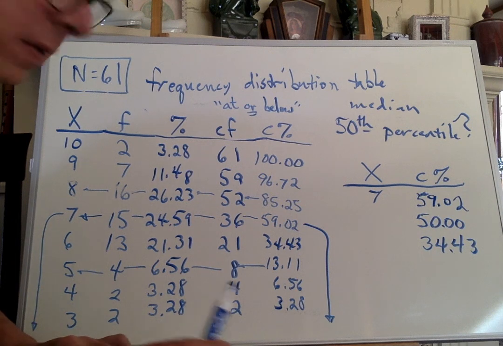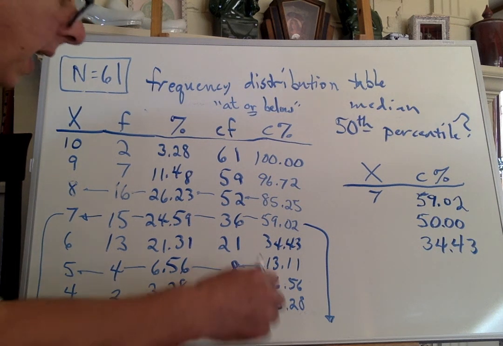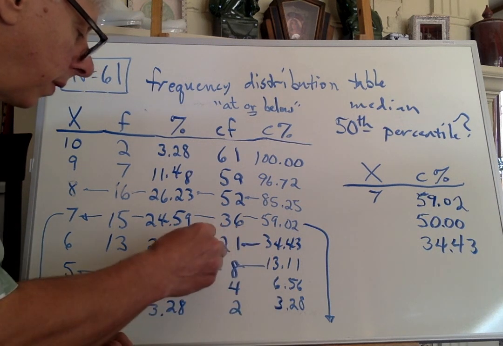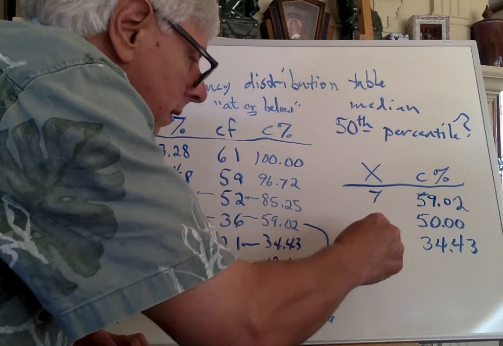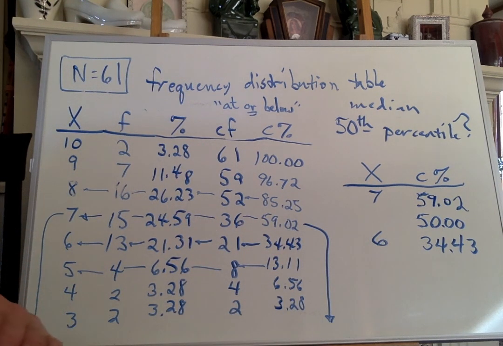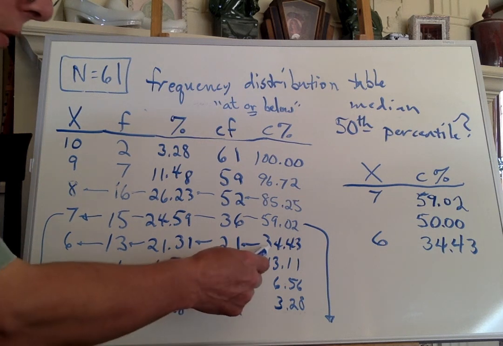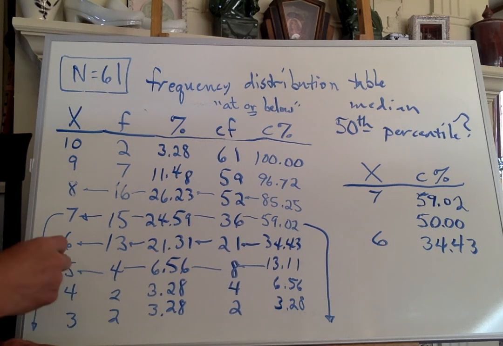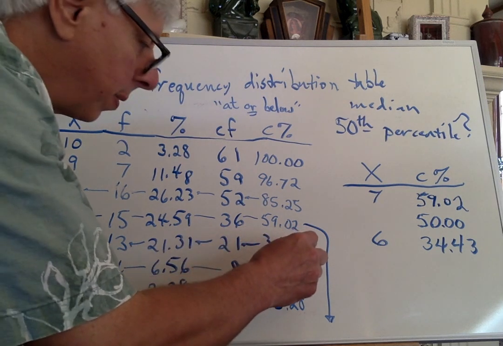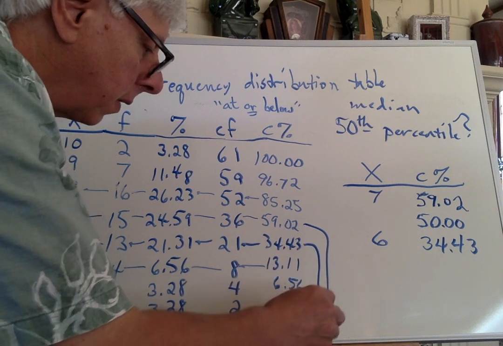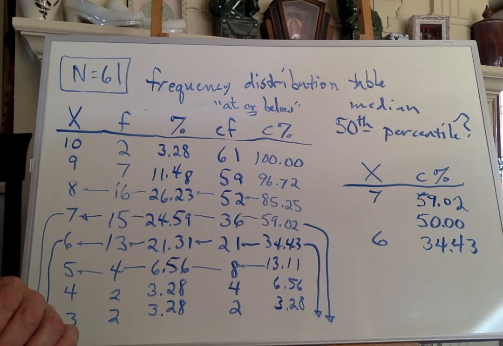That's cumulative. All right? I know what the 34.43 percentile is, and that is 6. 34.43% of the people report a score of 6 or below 6. 34% is here or below. Okay?